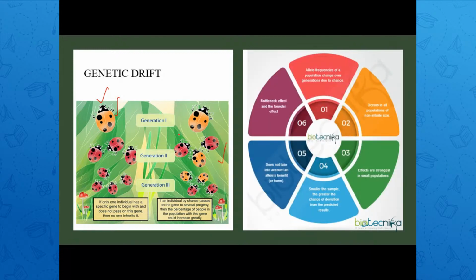Now, genetic drift, what are the features? Again, let us take help of this wheel to understand. Allele frequency of a population changes over generations due to chance. So this chance factor is what is genetic drift.